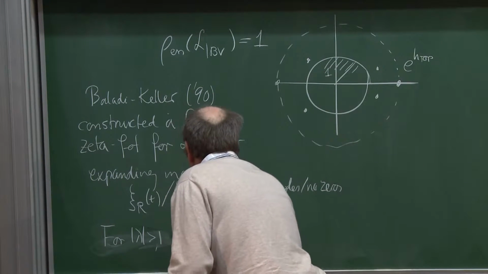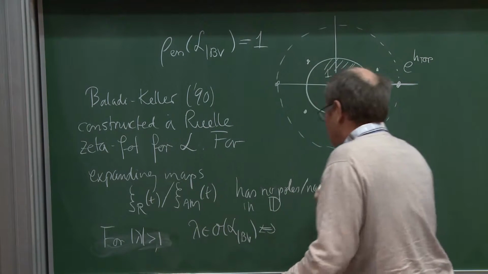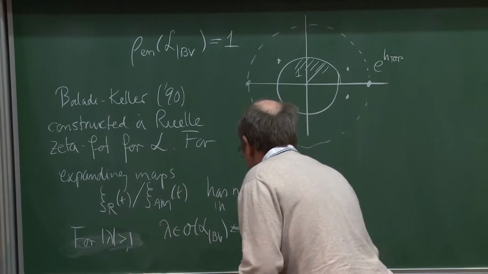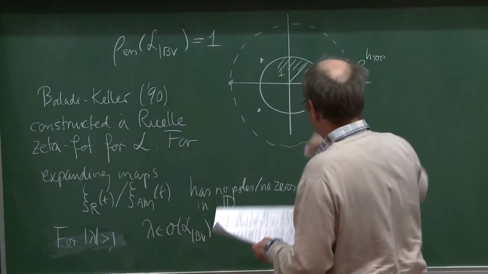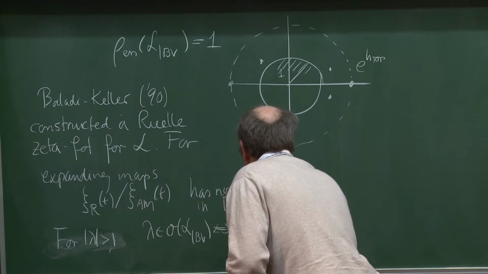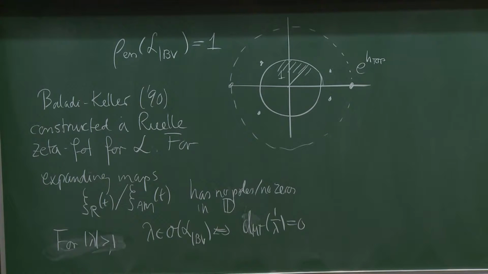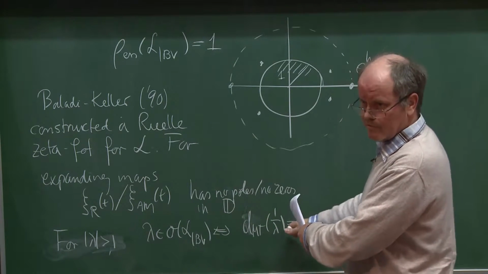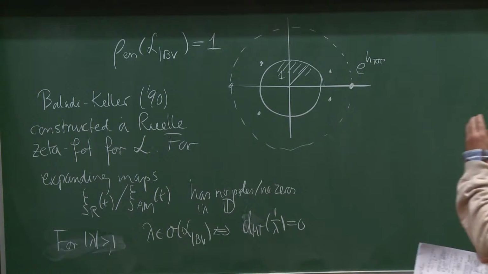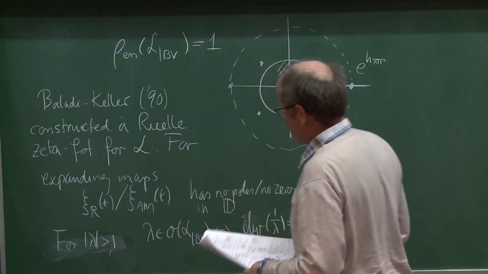Lambda is going to be an eigenvalue of our operator acting on BV if and only if 1 over lambda is a zero of the zeta function here, which is the same as the zeta function here, and therefore it is going to be a zero of the Milnor-Thurston determinant. Also the multiplicities coincide with orders of the zero. So that's really a perfect relationship between the zeros of that Milnor-Thurston determinant and the spectrum of this operator here.